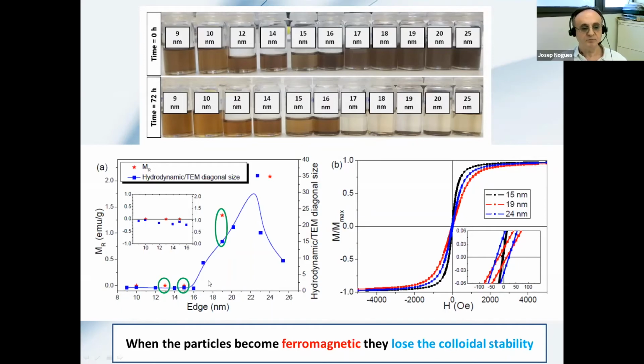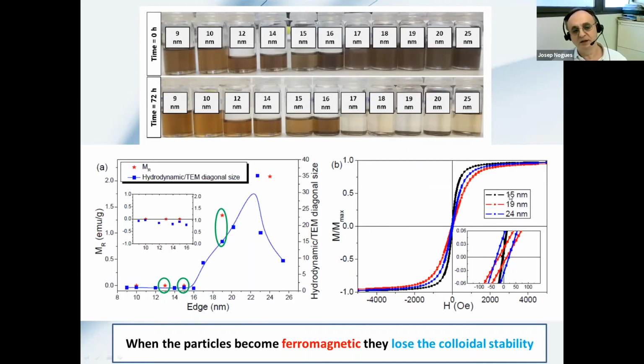You see, for the smaller particles, this ratio is 1, since all the clusters are composed of 1 nanoparticle. However, as the particles become larger than 16, the hydrodynamic ratio starts increasing, meaning that after a certain size, they start to agglomerate.